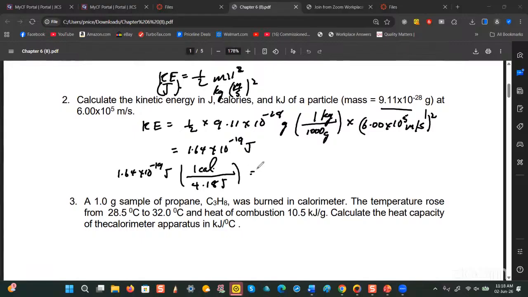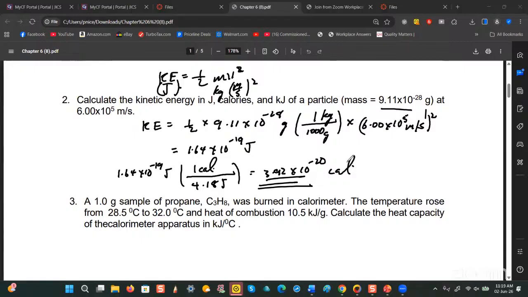So 1.64 times 10 to the minus 19 divided by 4.18, and according to my calculation, this works out to be 3.92 times 10 to the minus 20, and the units here would be calories. Any questions about that one?